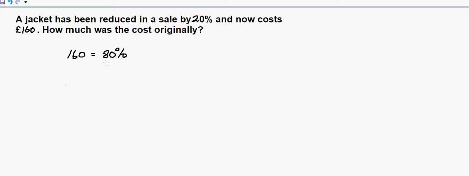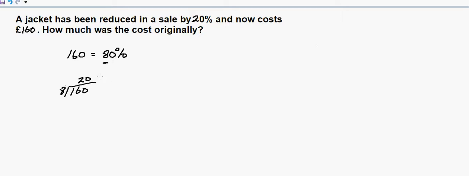And it really is this simple. What I do is I divide by 8 because it's 80%. If I divide 160 by 8, that will give me 10% of the original cost. So 160 divided by 8, which we know is 20.